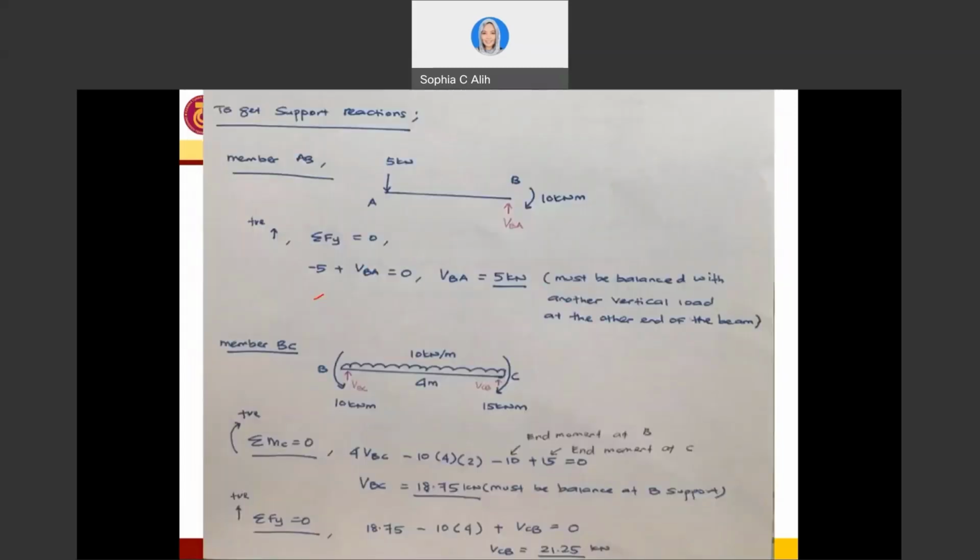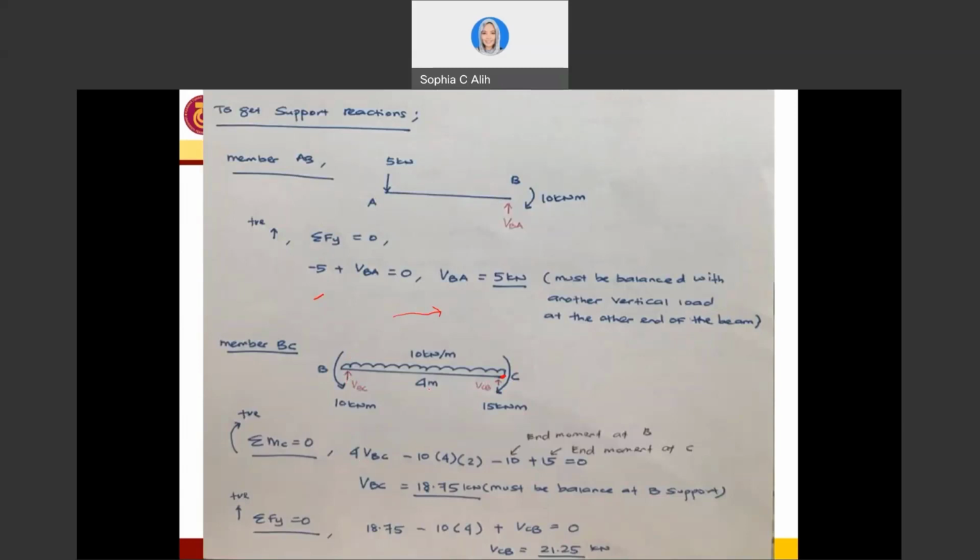Now, for member BC, I have VBC and VCB. I assume it to be positive direction all together. And in order for me to get one of these, I choose total moment at C equal to 0. So since total moment at C equal to 0, I will have VBC. It is going this direction, so it's going to be clockwise direction. That is why it's positive.